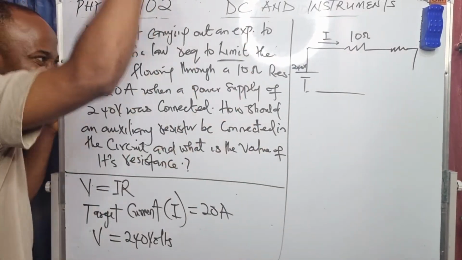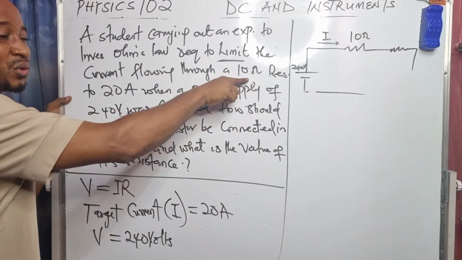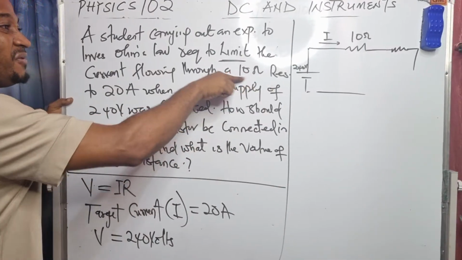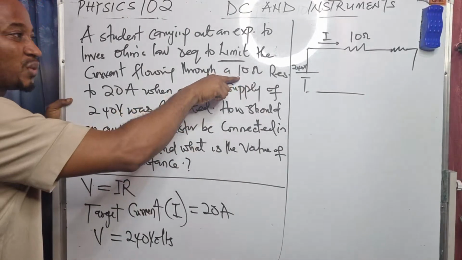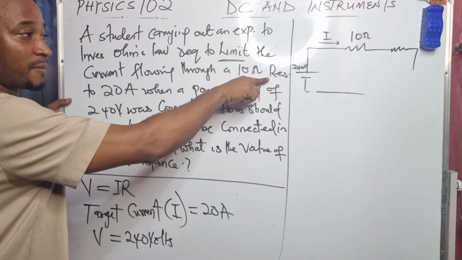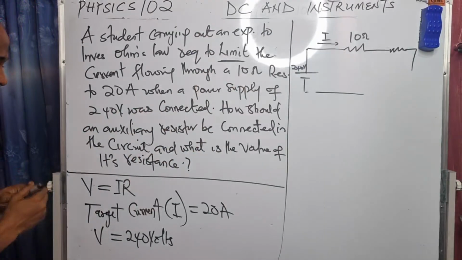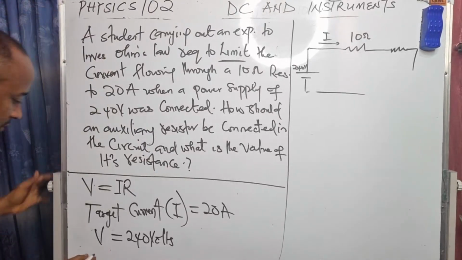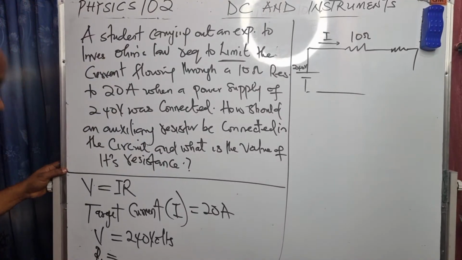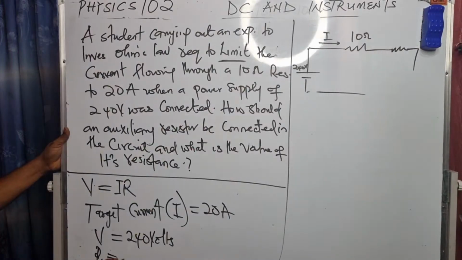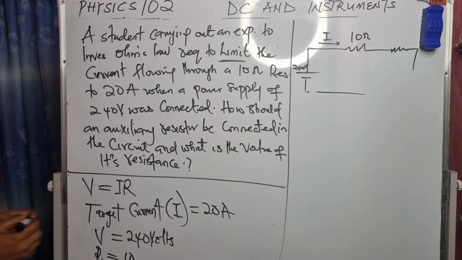It means I have to add a resistor to support the given resistor. This is a given resistor, right? Let's call this R1. We are told that R1 is equal to 10 ohms.